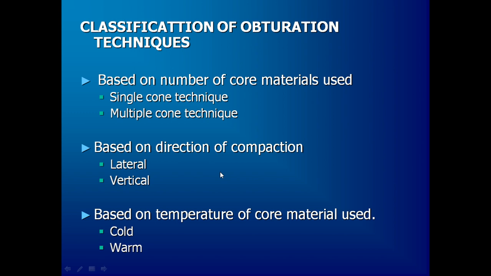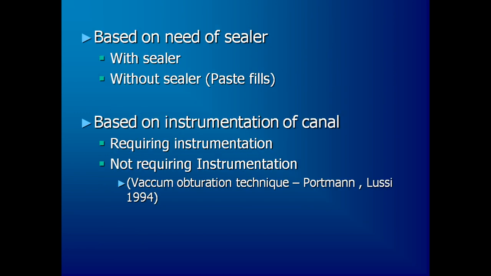Based on the direction of compaction, obturation can be classified as lateral compaction and vertical compaction. Based on the temperature of the core material used, they can be classified as cold, that is at room temperature, or warm compaction techniques. If you use a sealer, then it is obturation with sealer. If you are not using it, then without sealers. So obturation can also be classified based on the sealers used.